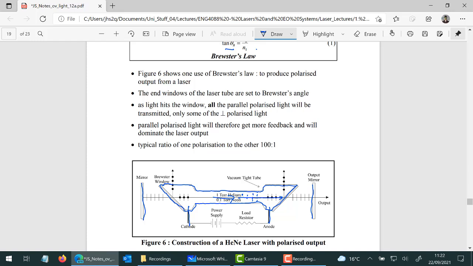So the signal grows exponentially as it travels backwards and forwards between these two mirrors. This mirror here will be maybe 100% reflecting, and this mirror will be, let's say, 98% reflecting. So 2% of the light will actually be allowed to come out. So that's the system as described.